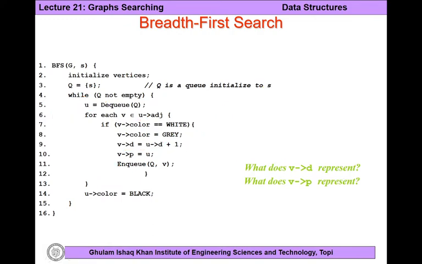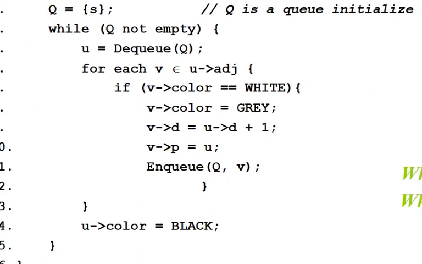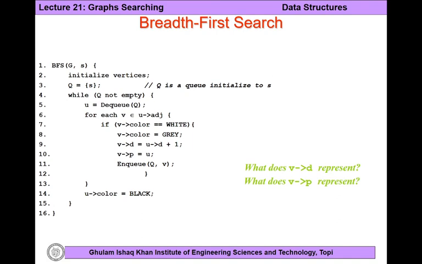Once all the neighboring vertices of the node are explored, the color of this node will be turned into black, right? And this dequeue operation has its own cost.